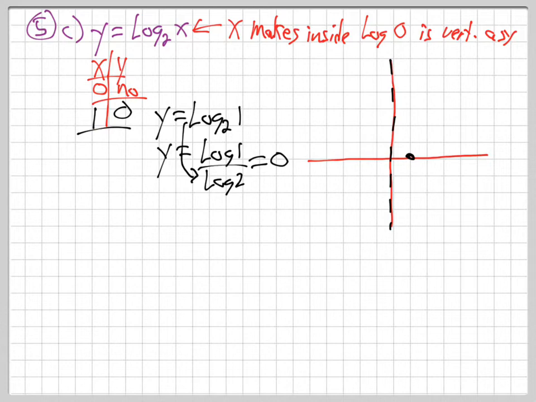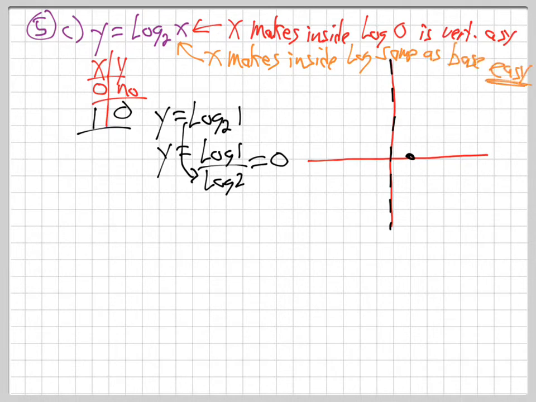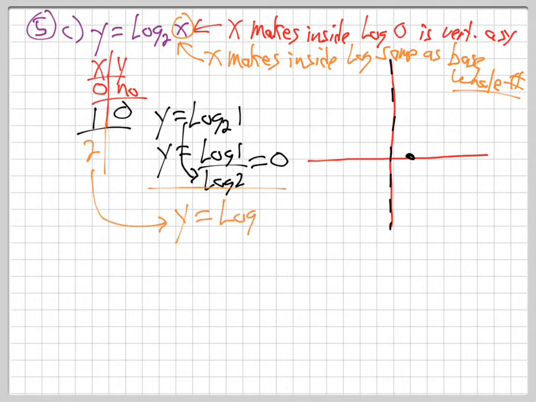And then what would be easiest to plug in? Remember, the x that makes the inside of the log the same as the base is an easy point. It'll always be a whole number point. So what do I plug in there? 2, right? So that'll be y equals log base 2 of 2. Again, the base goes down, the other one stays on the top.